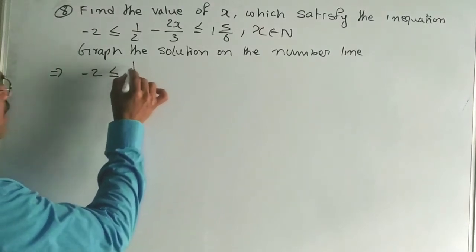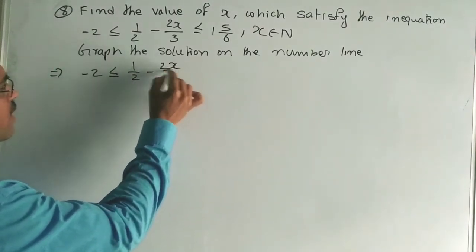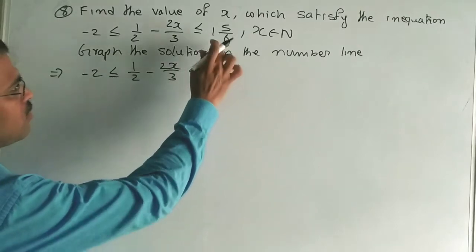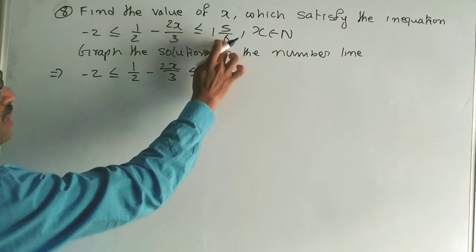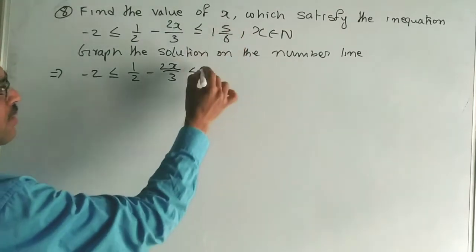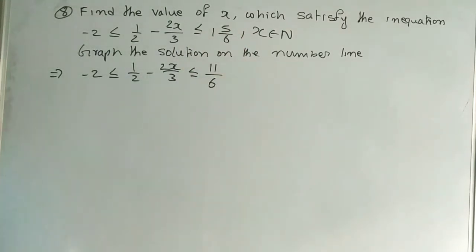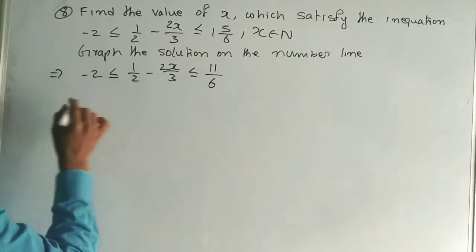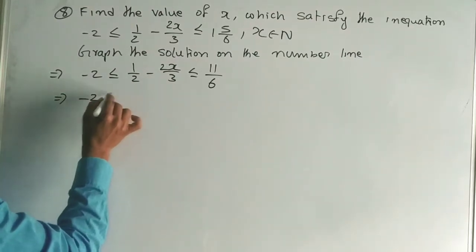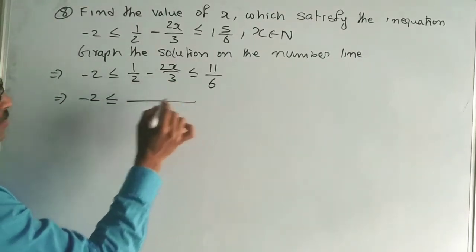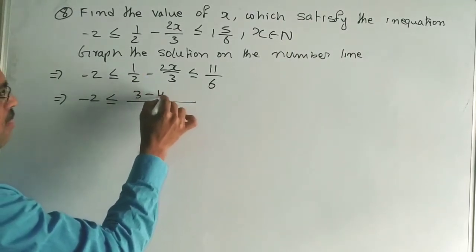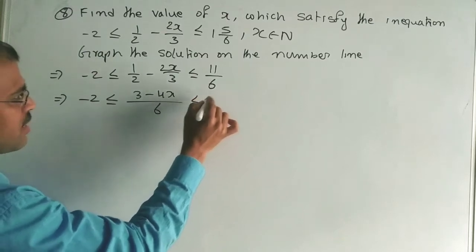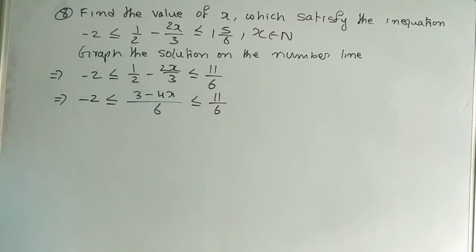-2 ≤ 1/2 - 2x/3 ≤ 1 5/6. Make the mixed fraction into an improper fraction: 6 ones are 6, 6 plus 5, 11 by 6. Now, for this entire inequation, take the LCM in the middle. The LCM will be 6, so we get (3 - 4x)/6 ≤ 11/6.